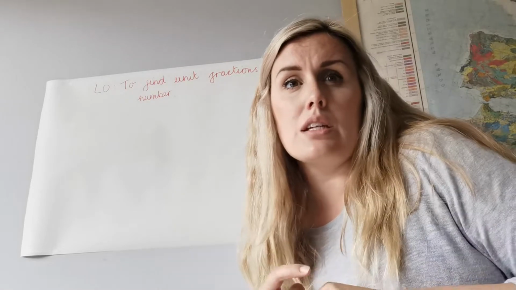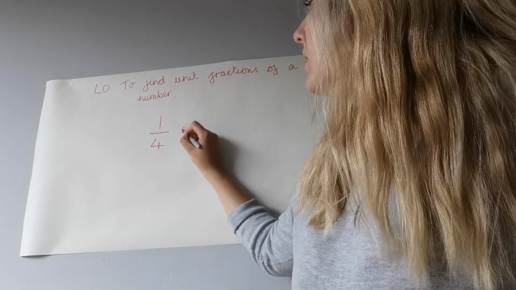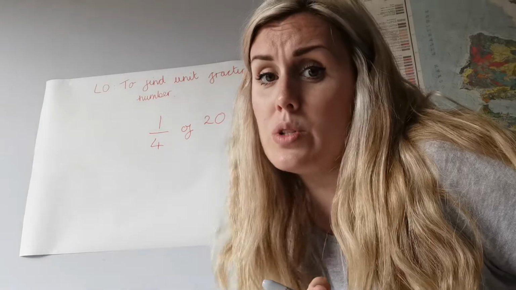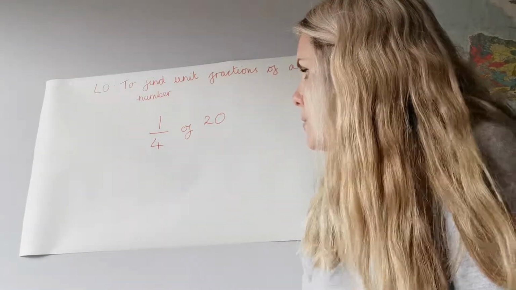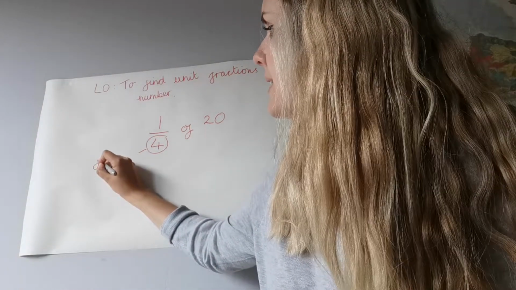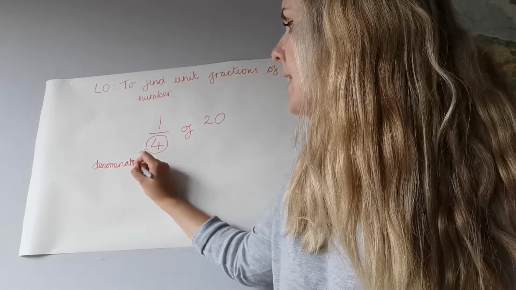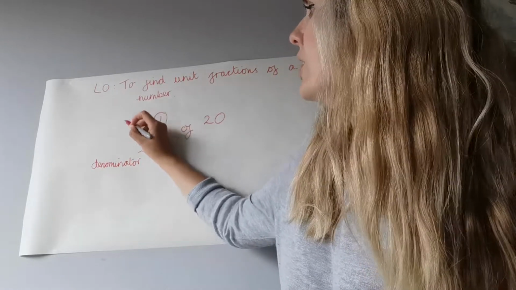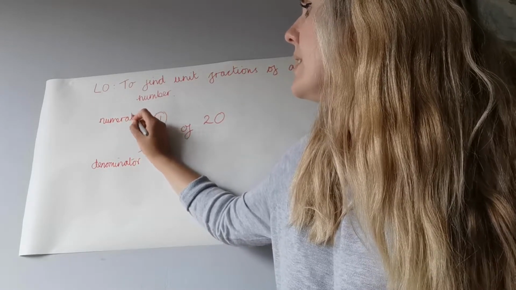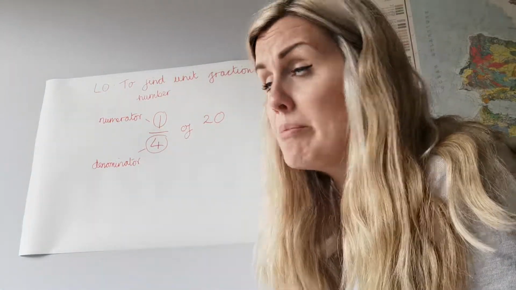So why don't we have a look at 1/4 of 20. We're going to find 1/4 of 20 today. I'm just going to remind you, this is the denominator, and this is the numerator. These two are very important to help us find the fraction of this number.